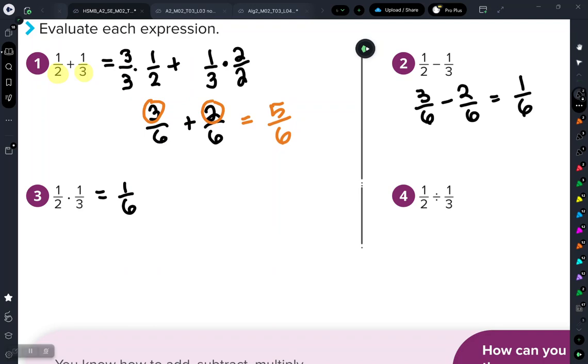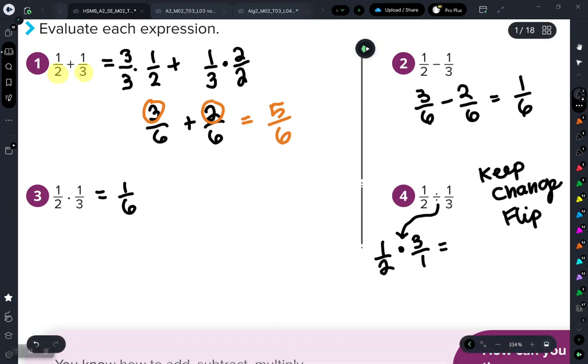For 1/2 divided by 1/3, you may remember something called keep, change, flip. Keep the first one the same, change the division to multiplication, flip the 1/3, and now we are dealing with a multiplication problem. So 1 times 3 is 3, 2 times 1 is 2, and there's our answer.